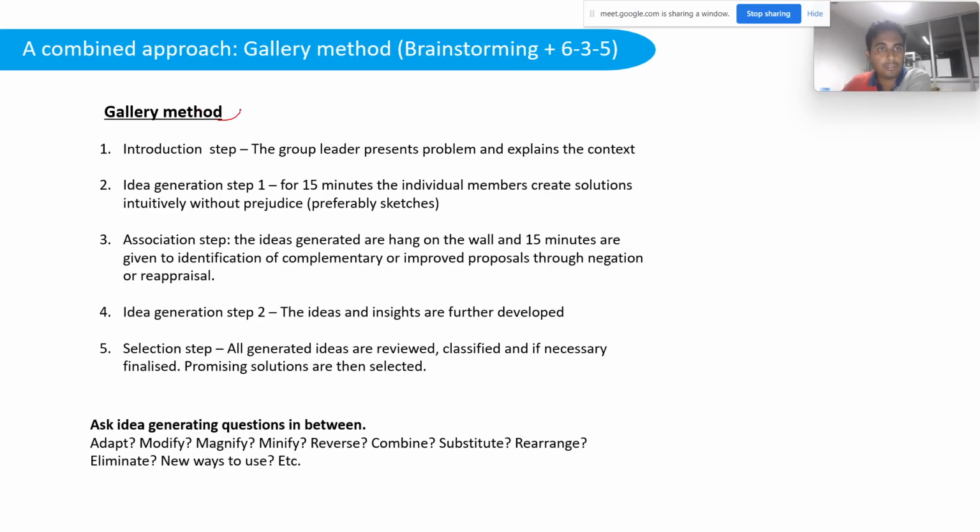This is a combination of brainstorming and 65. So the limitation of the brainstorming session was that the ideas are very vague, and it is difficult for the team leader to later generate the memory map and connect all those ideas to really develop concepts.